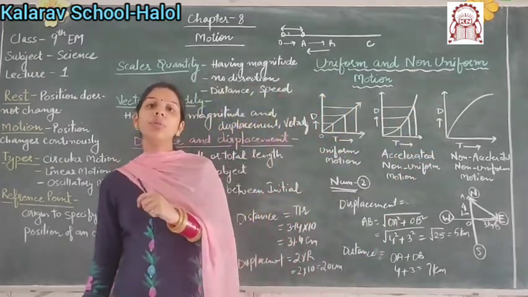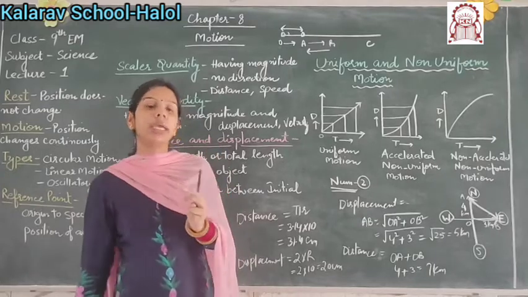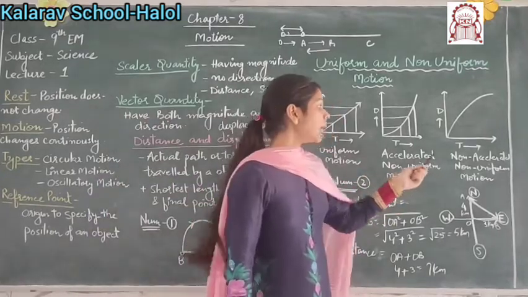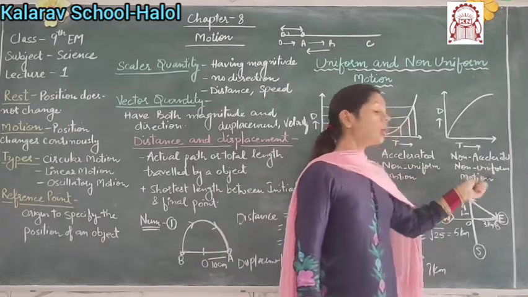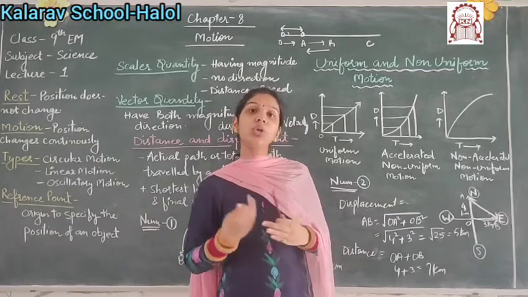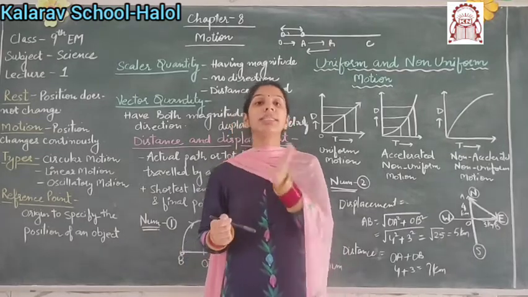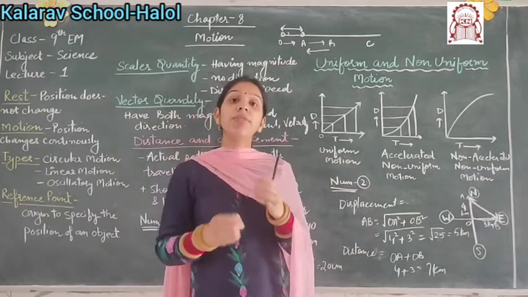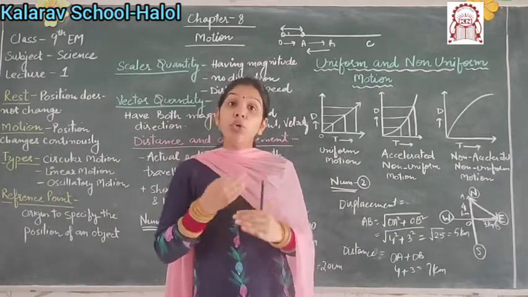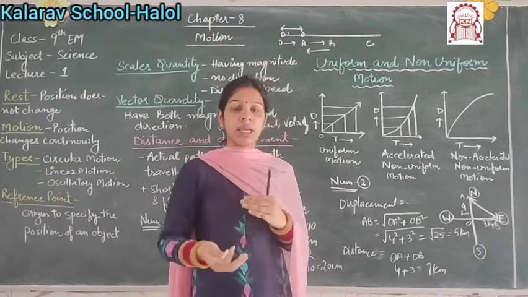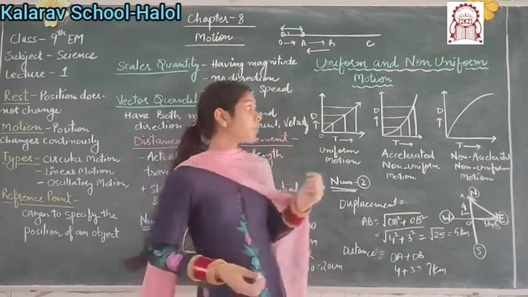Non-uniform motion is of two types, that is accelerated non-uniform motion and non-accelerated non-uniform motion. A body is said to be in accelerated non-uniform motion if it moves faster, or it covers more distance as compared to time.